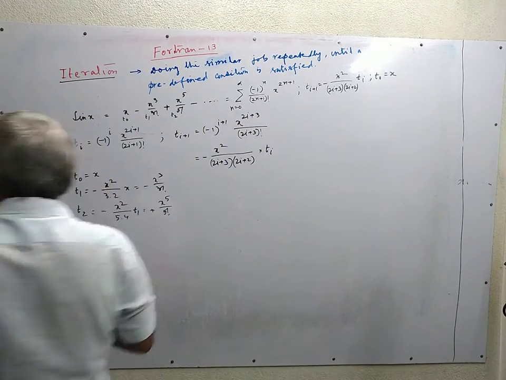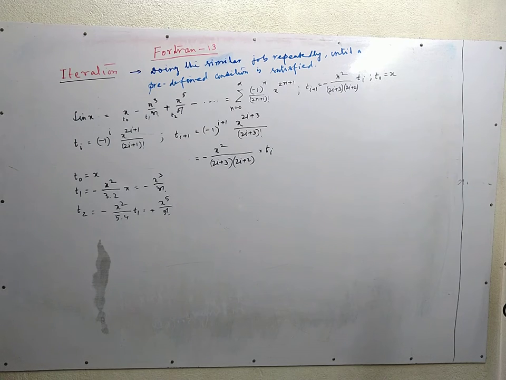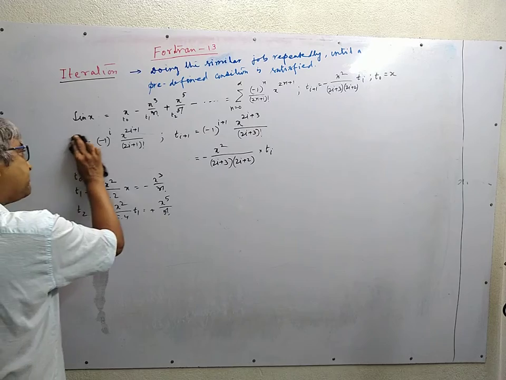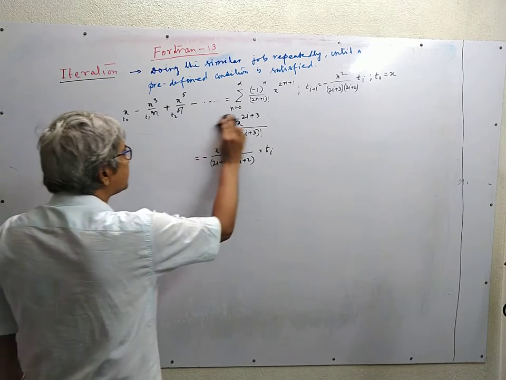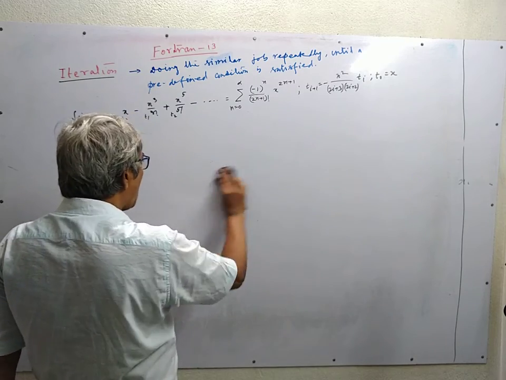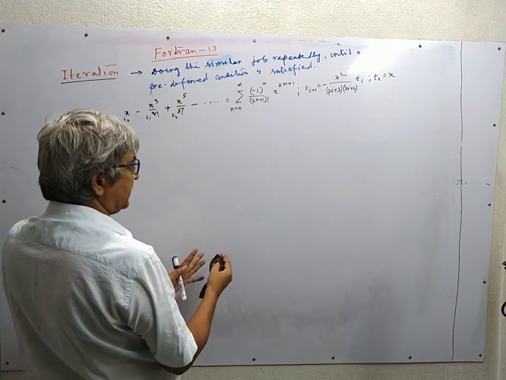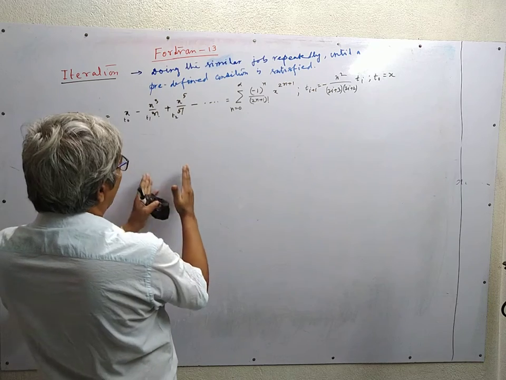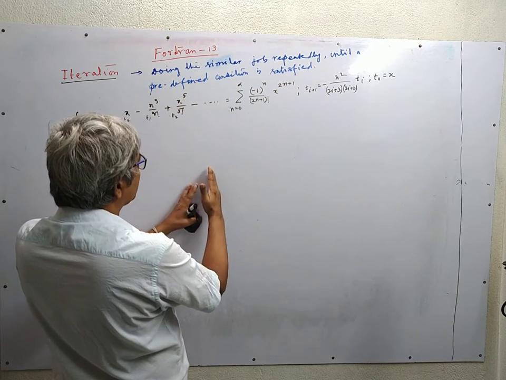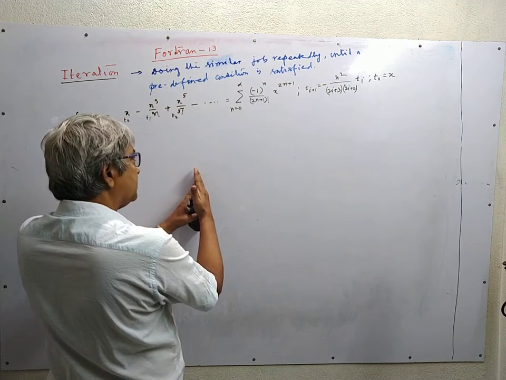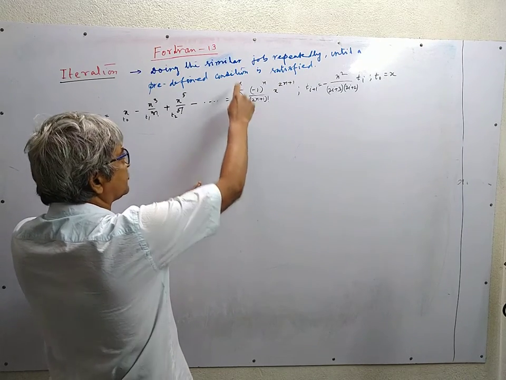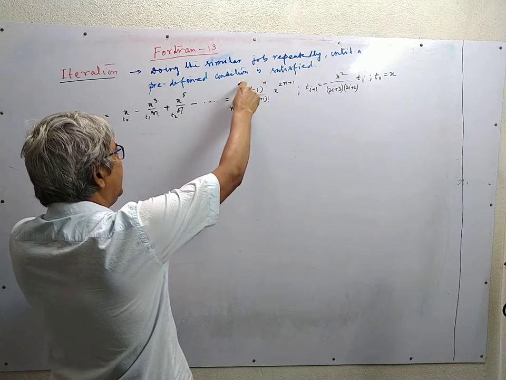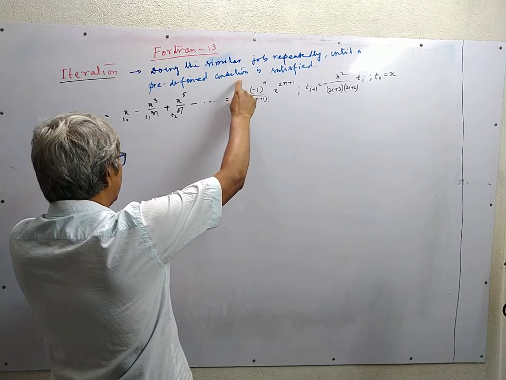So our aim is to evaluate sin x for a given value of x with specified accuracy. That is, we shall say that the value of sin x will not alter up to the 5th decimal place. So we are to take an adequate number of terms, because from 0 to infinity you cannot take all these terms in practice.